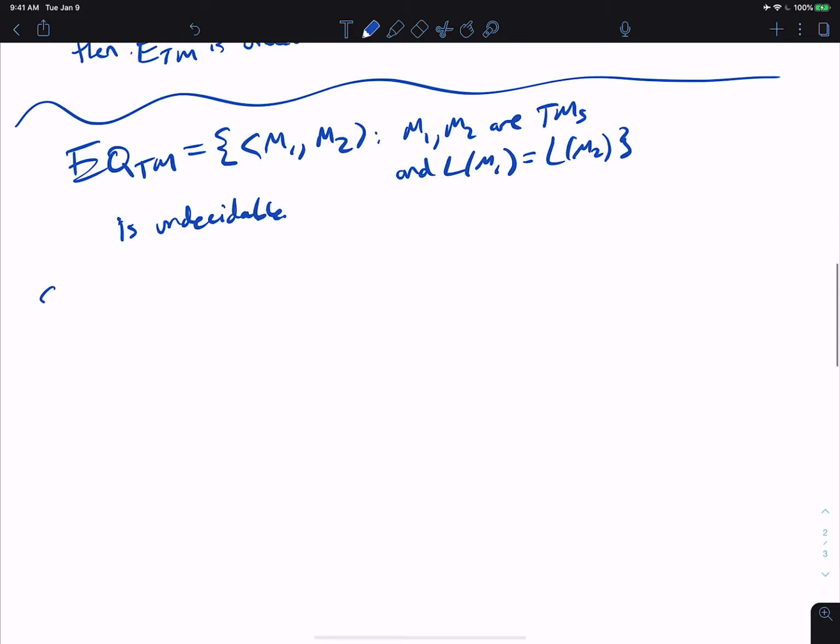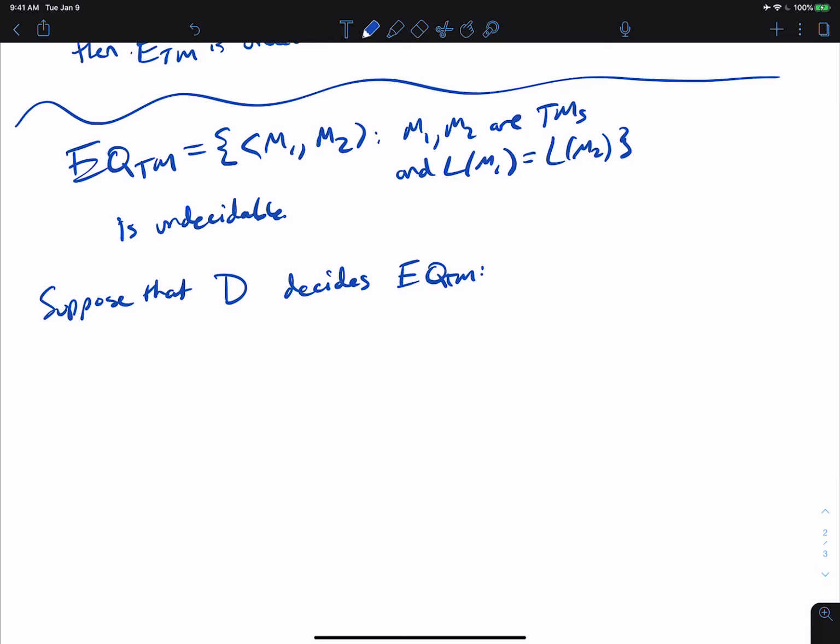So let's suppose that E decide. Oh, no, sorry. Here we've got to get the order right. Let's suppose that D decides EQTM. Remember, we're trying to decide an already known undecidable problem.